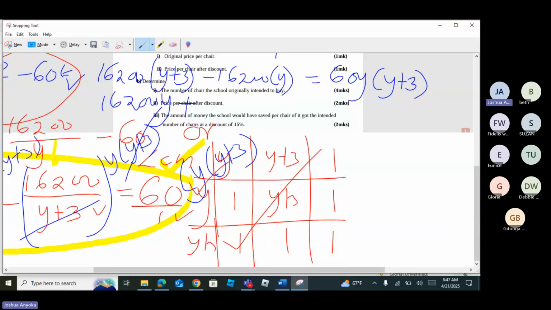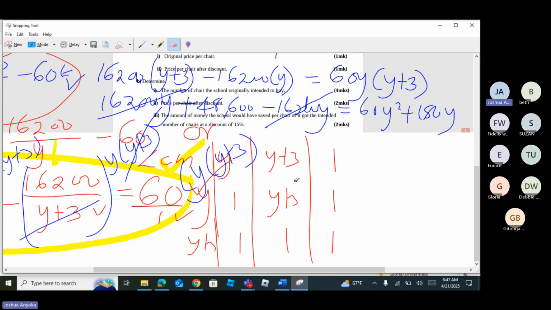Okay, 16,200 times 3 is 48,600, minus 16,200y, equals 60y squared plus 180y. 16,200y minus 16,200y disappears that way.